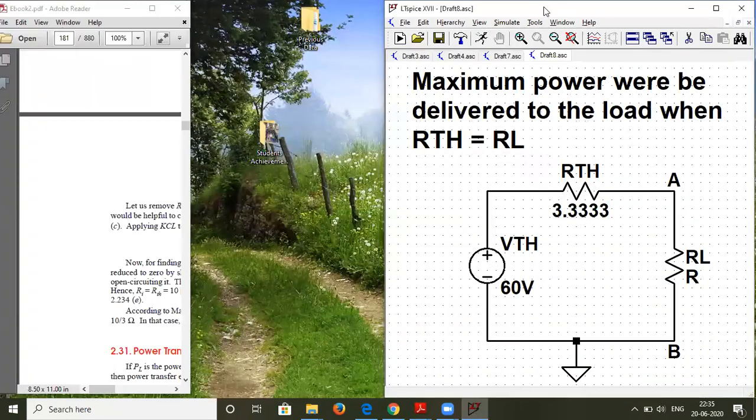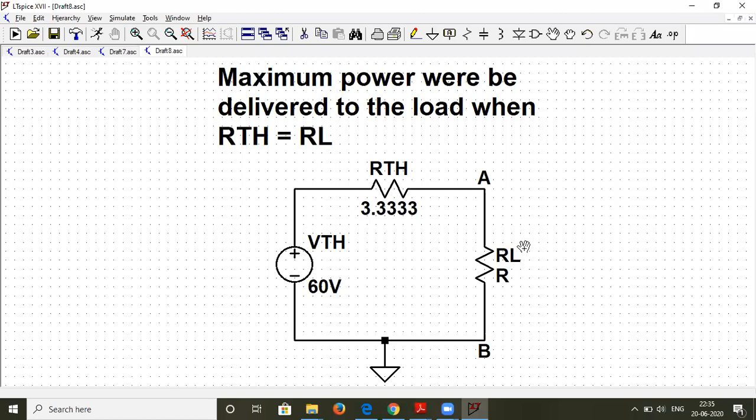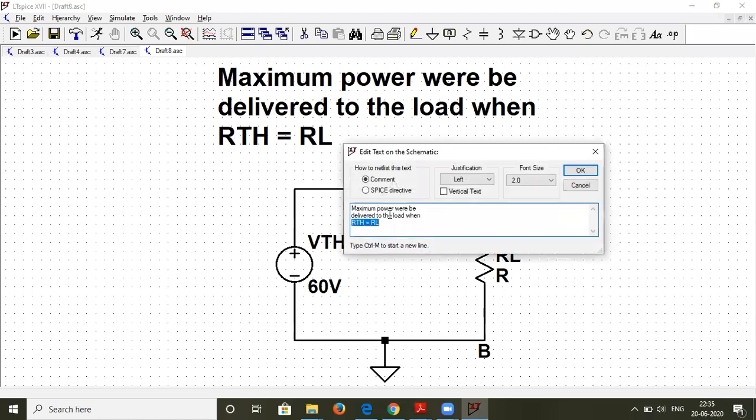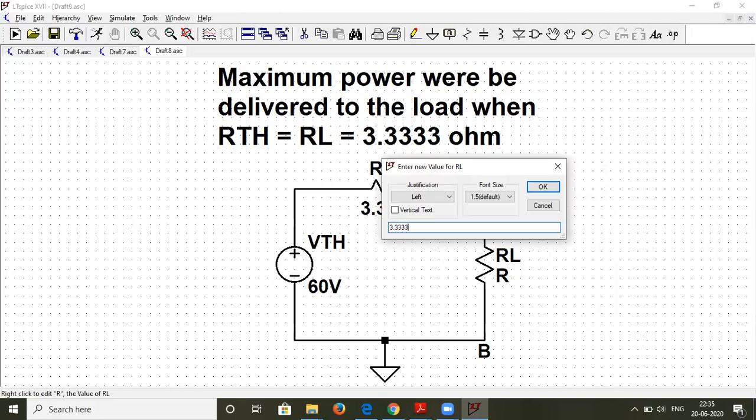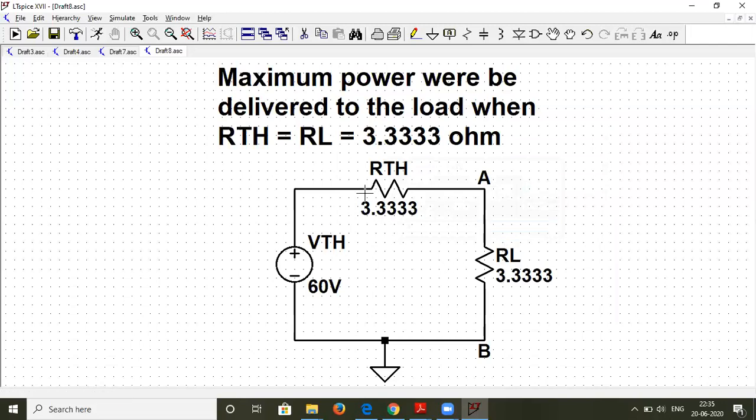Now let us check the power. So the RL value, unknown value, is 3.3333 ohms. So let me just put this value over here. And now we have to also find the maximum power delivered to this load.